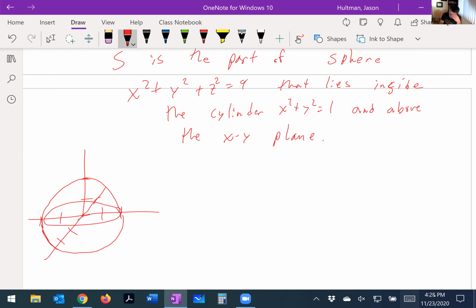However, this piece does not exist because it lies above the xy plane, and it's in the cylinder.